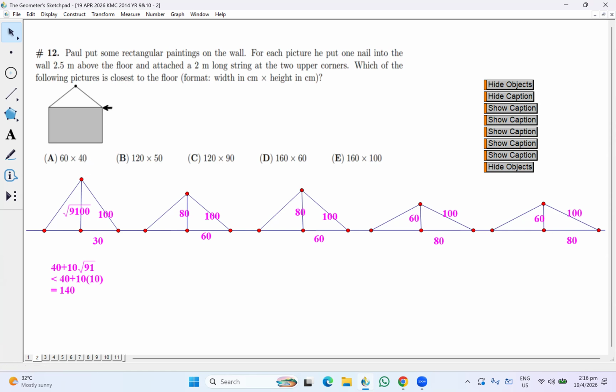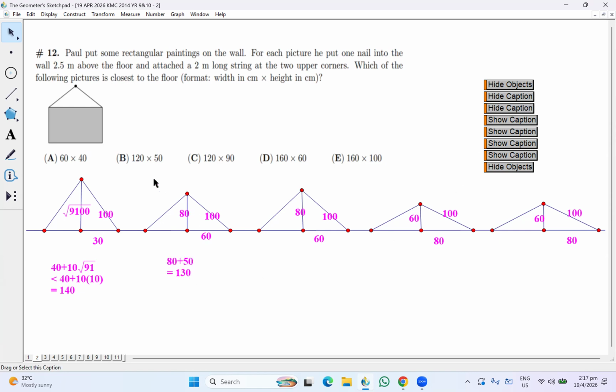The narrow side is vertical. So square root of 9,100 plus 40. We don't know the value, but we estimate it is less than square root of 10,000, so it's 100. So less than 140. So one by one, we calculate.